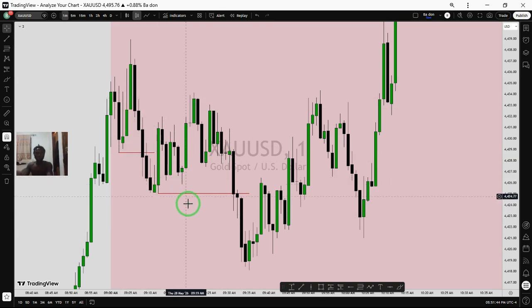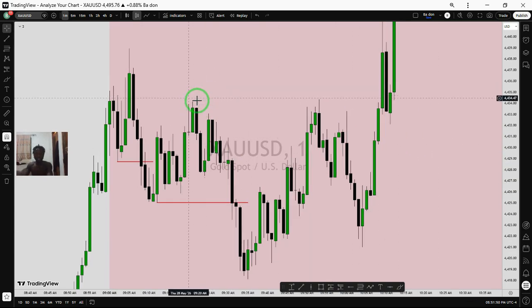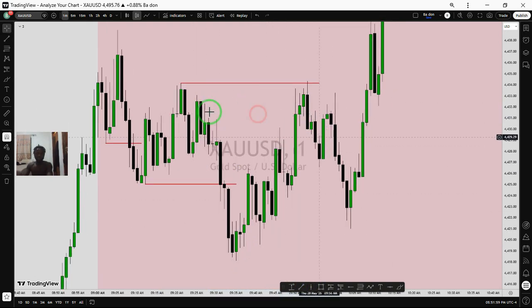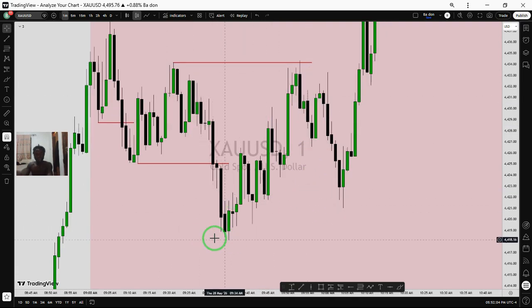What we are looking for is price to go higher and sweep the high of this structure. This is the high. We are waiting for price to sweep the high of this structure and break the low that formed this structure.